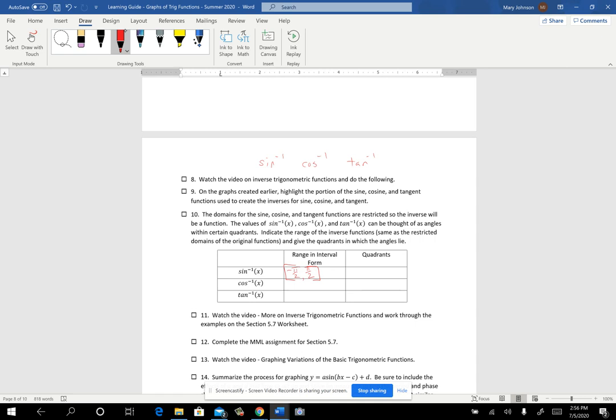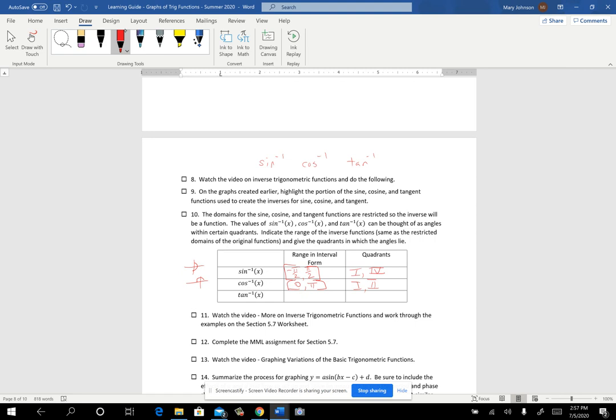And when you think about that, that means quadrant 1 and quadrant 4, all right? I think it helps to remember that picture for sine inverse. All right, for cosine, it gives you something from 0 to pi, including those. So that's in quadrants 1 and 2, isn't it?